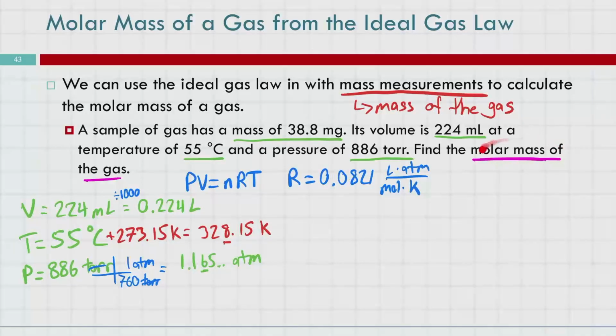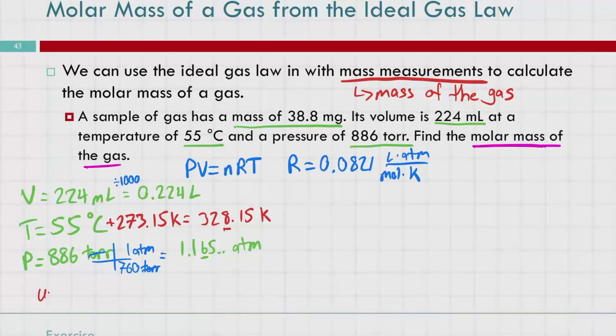Our goal is to find the molar mass of the gas. What are the units of molar mass? It is usually, the way we see it, grams per mole. So if we want to calculate the molar mass, we need an amount of grams and we need an amount of moles. We were given a mass in milligrams. We can convert that to grams. We do not have moles.